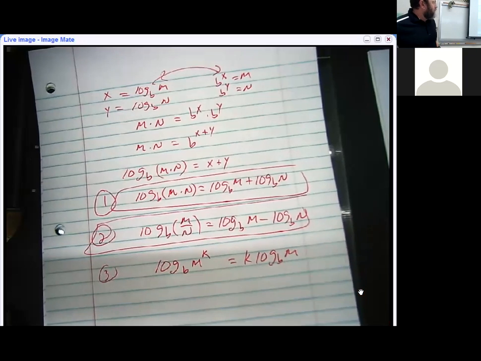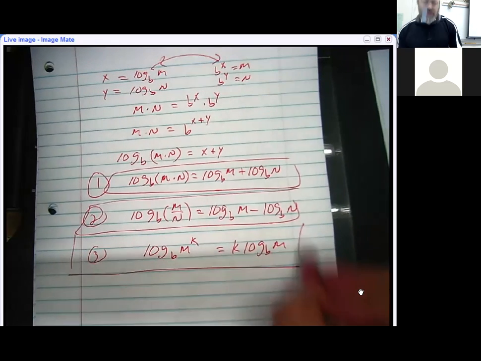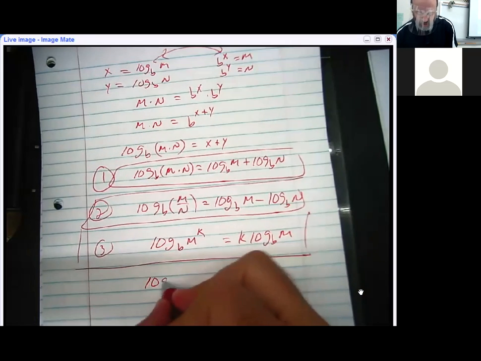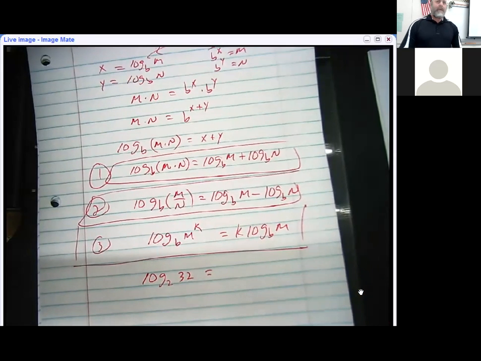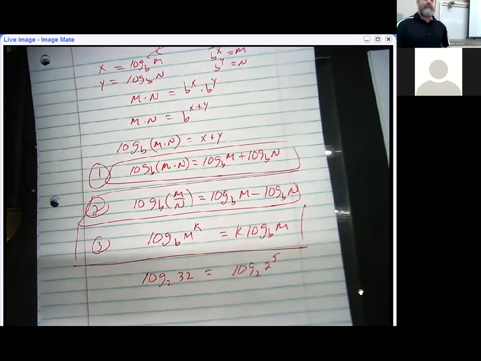So if you follow the rules that we established, these are the big three properties of logs. So if somebody gave you something like that, you can just bring that down. Well, that all of a sudden makes some of the things that we did yesterday kind of simple. See this? Oh, this is the log base 2 of 2 to the 5th, isn't it?